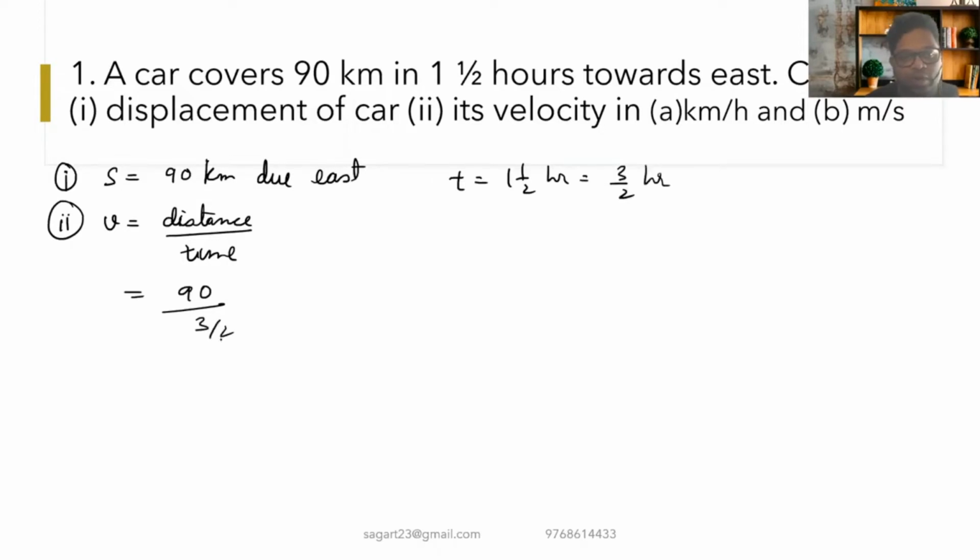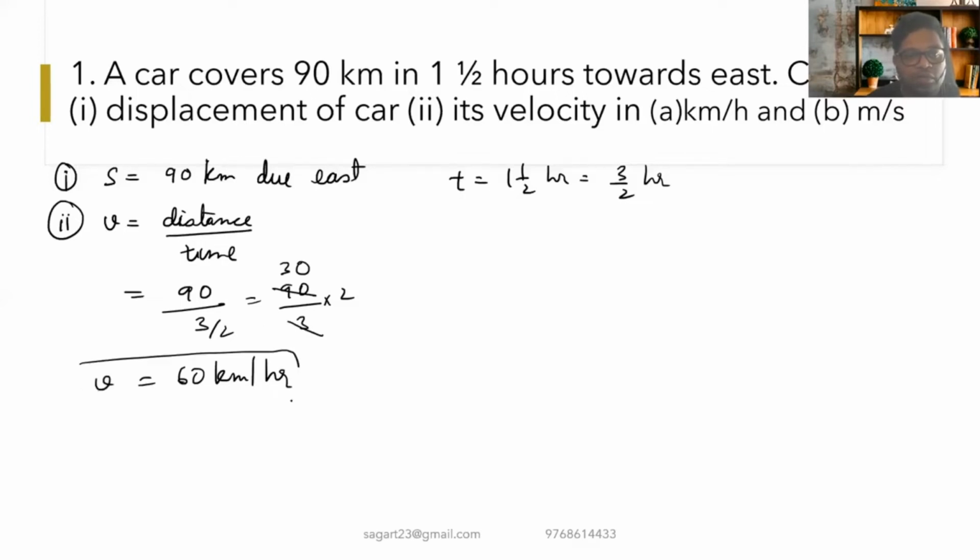So that is 3 by 2, and that is 90 into 2. So this is 30. So this is 60 kilometer per hour. Now this is the velocity, 60 kilometers per hour. This is the first answer.